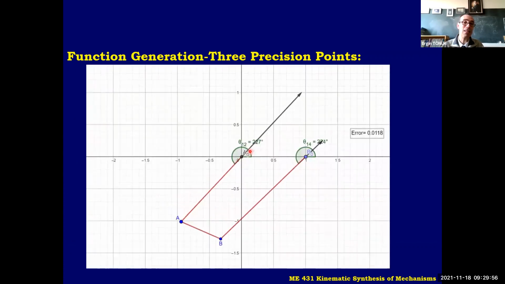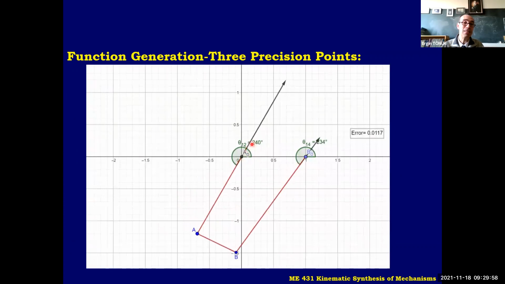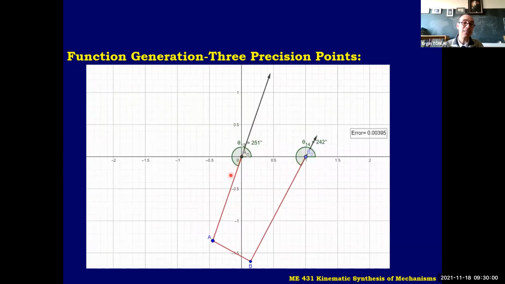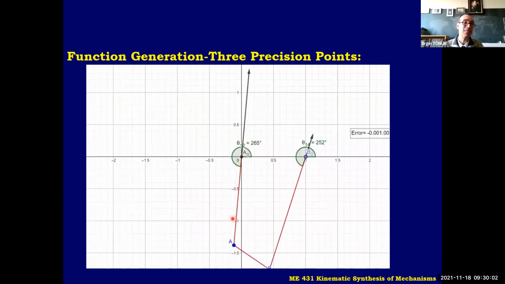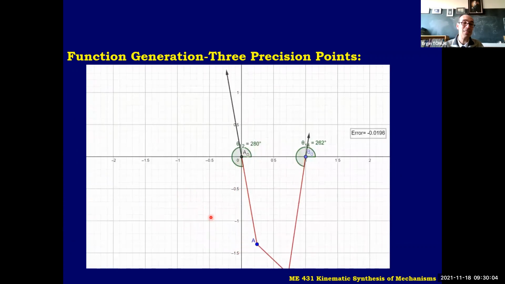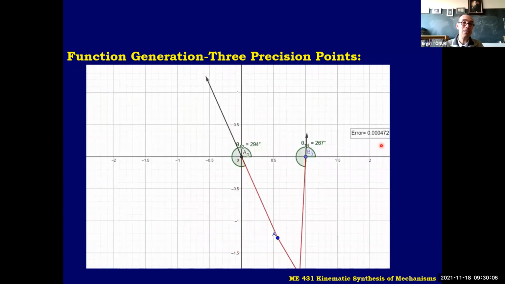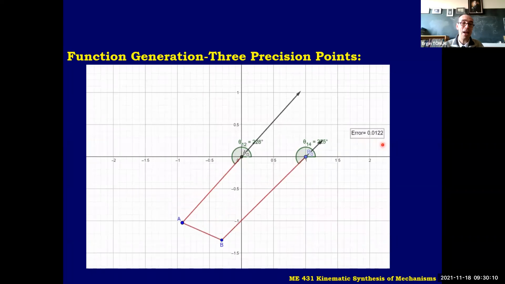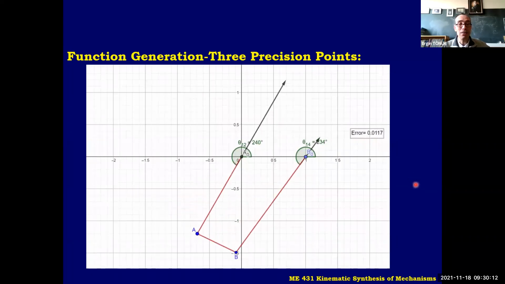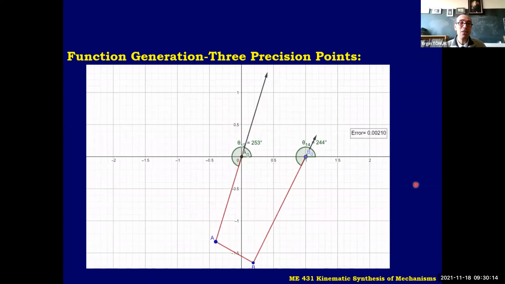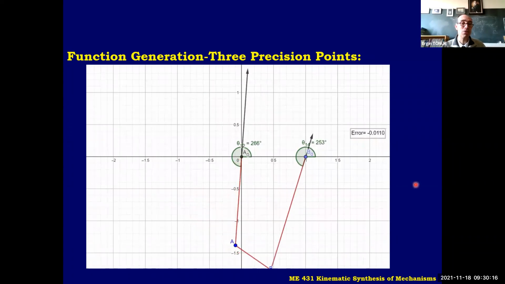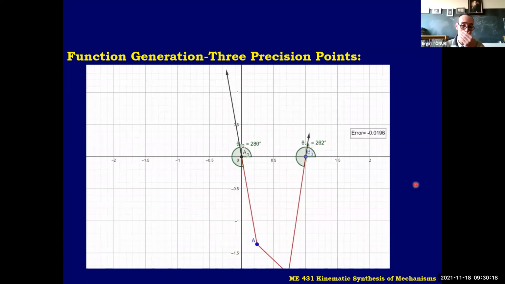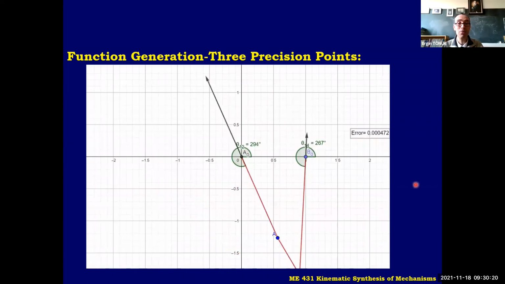Actually, this is the mechanism. As you see, this is the angle you like. This is negative of it. And you can see the error here, which is actually, let's see when it starts. We don't see exactly zeros because ln of a number is an irrational number.